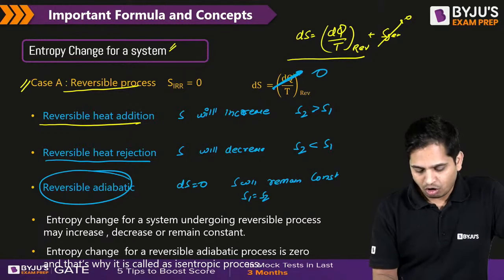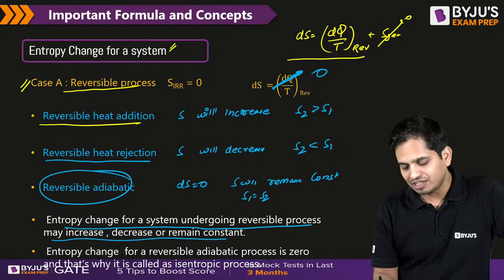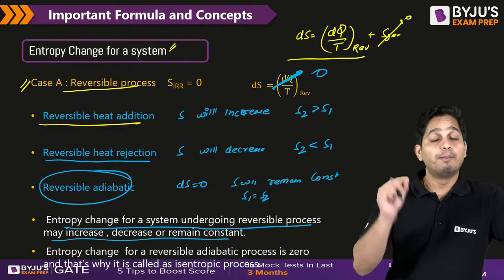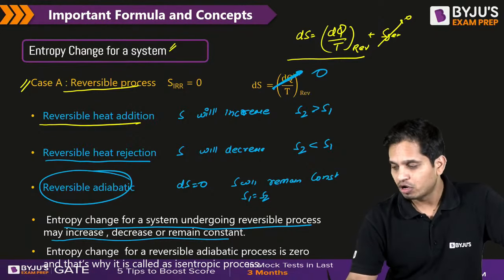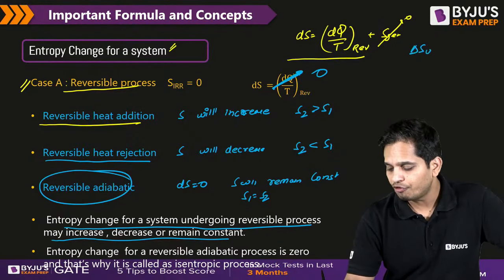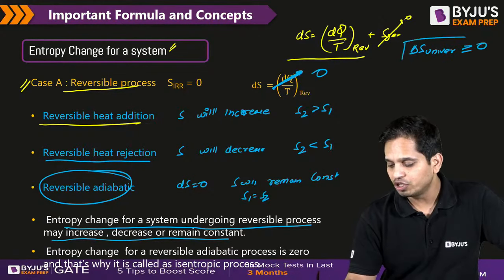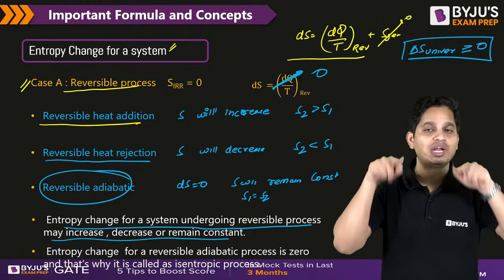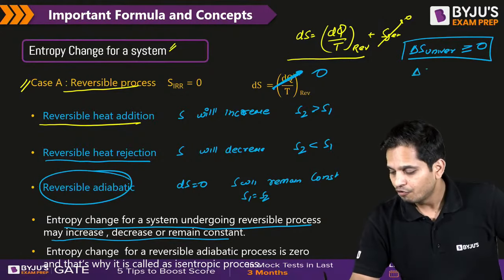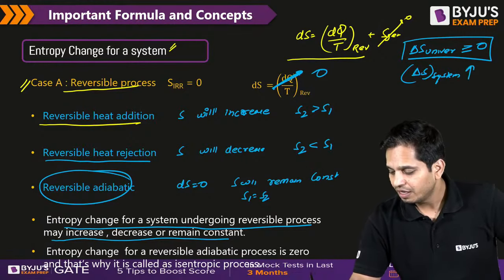Okay. So entropy change for a system undergoing a reversible process may increase, decrease, or remain constant. It is very important to distinguish between them. Look, entropy change of universe is always greater than or equal to 0. Universe entropy will never decrease. It will either increase or remain constant. But for a system, it may increase, it may decrease, or it may remain constant.